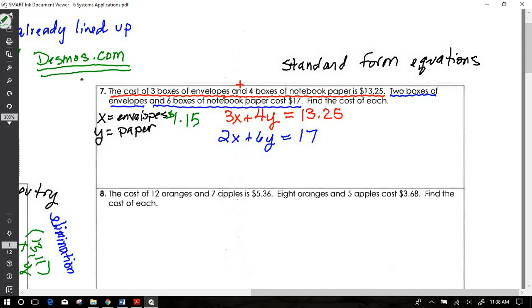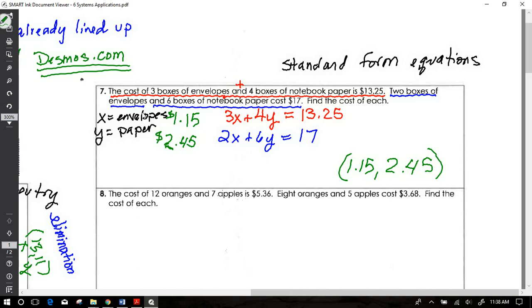And then paper was $2.45. So that was my solution. If you wanted to write it as an ordered pair on your paper, you can, 1.15, 2.45. And they wanted us to find the cost of each, so we did that.